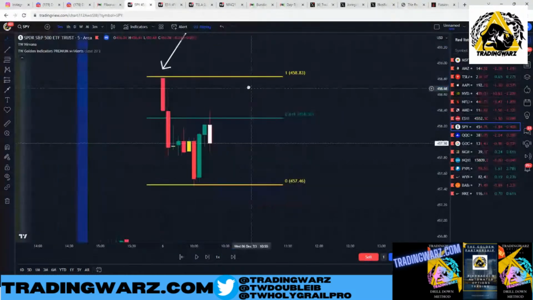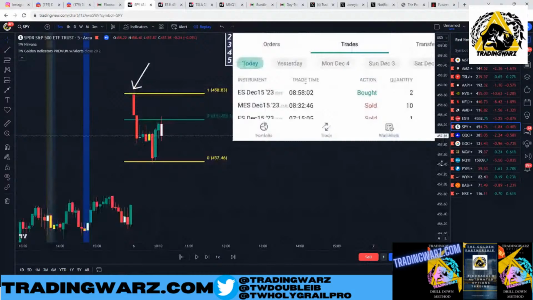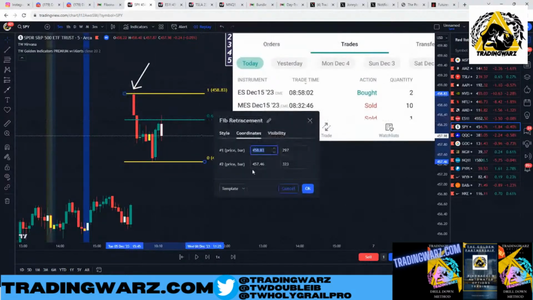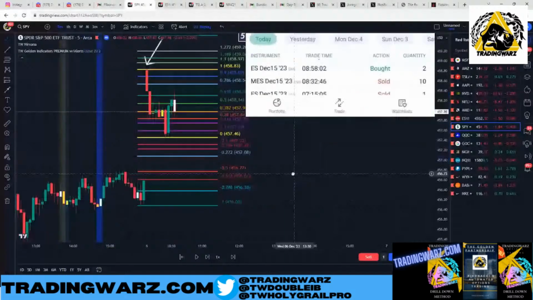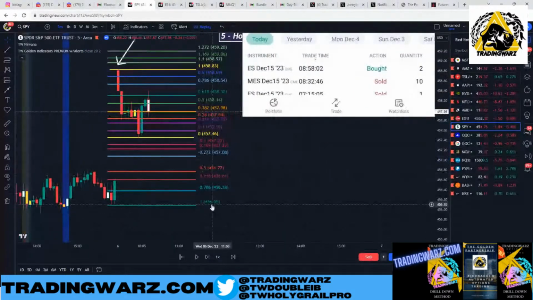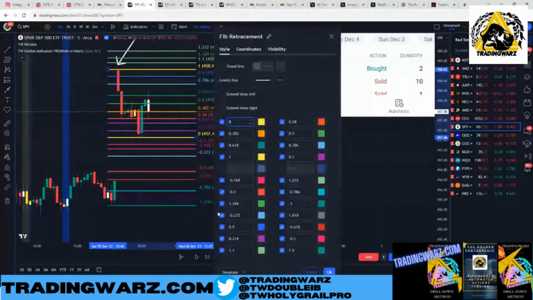And from here, what I'm looking to achieve, if I double click on this, I can put on my full extensions, and I'm literally trying to hit every single one of these lines. Okay. The final line is the 100% extension. If I hit that, it's basically a massive, massive winner.